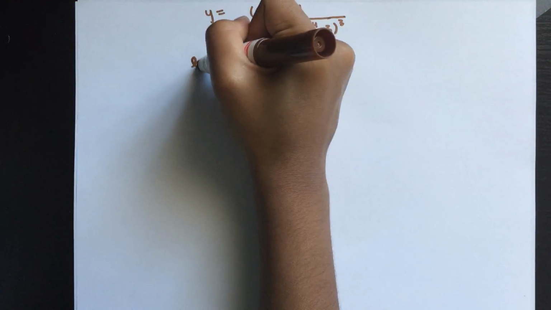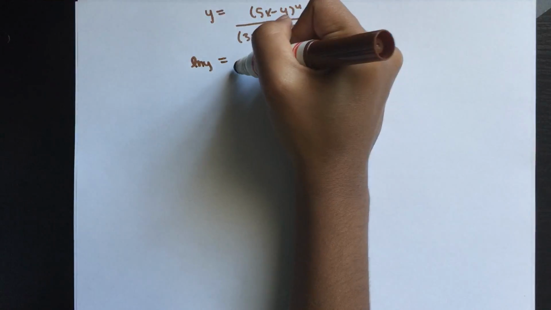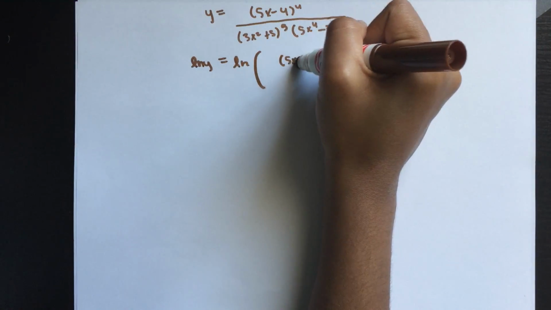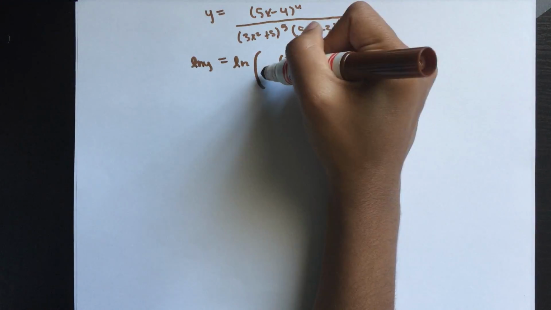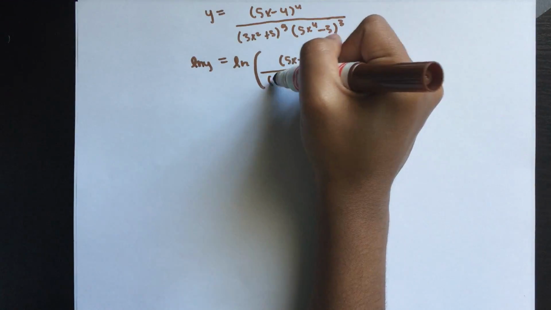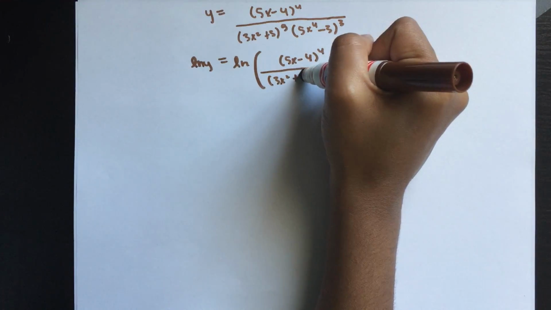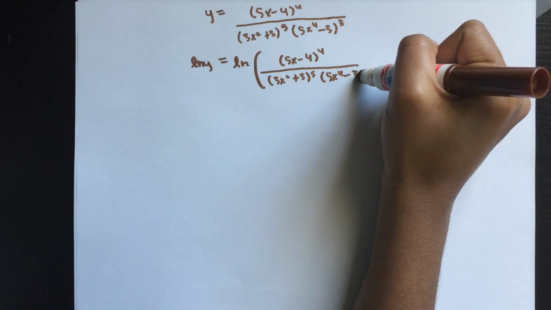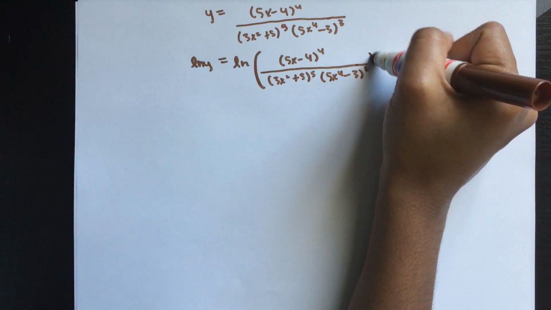So first I'm going to take the natural log of both sides. So the natural log of y has to equal the natural log of (5x minus 4) to the fourth all over (3x squared plus 5) to the fifth times (5x to the fourth minus 3) to the third.